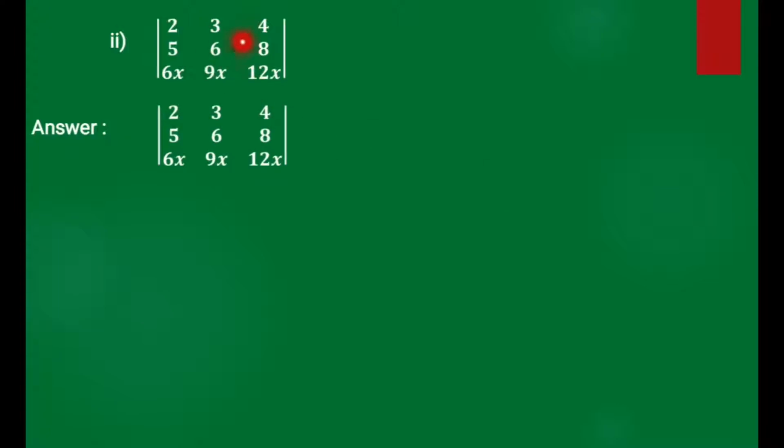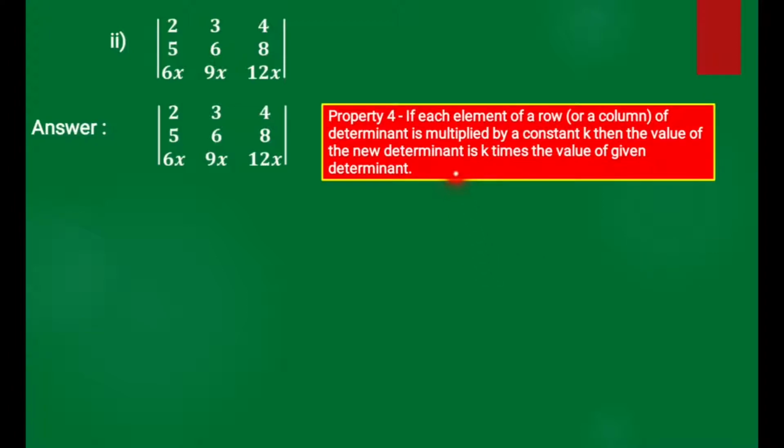we write the given determinant as it is. Here we use property 4: if each element of a row or a column of a determinant is multiplied by a constant k, then the value of the new determinant is k times the value of the given determinant.